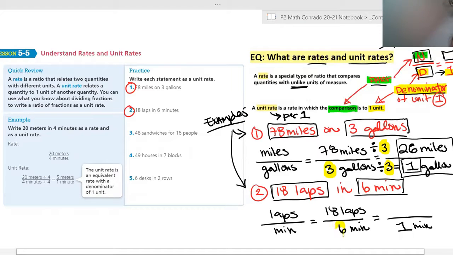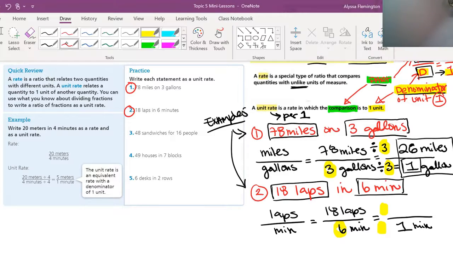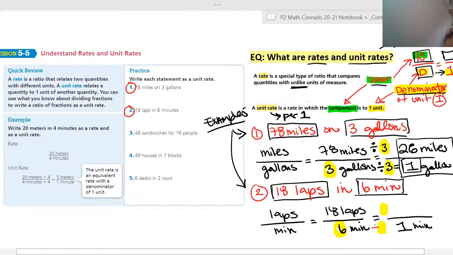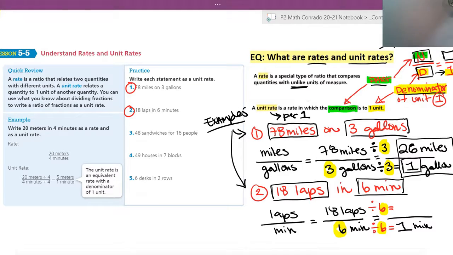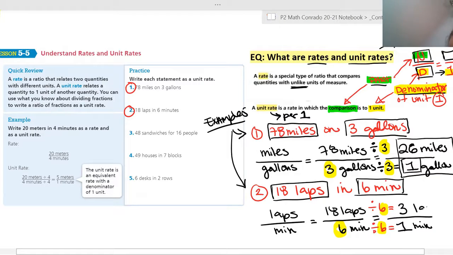So we would solve and scale down to get from 6 to 1. And what we do on the bottom, we have to do on the top. So when we scale down, let's divide. 6 divided by 6 is 1 minute. And on the top, 18 divided by 6 is 3. So for every 1 minute, we run 3 laps.